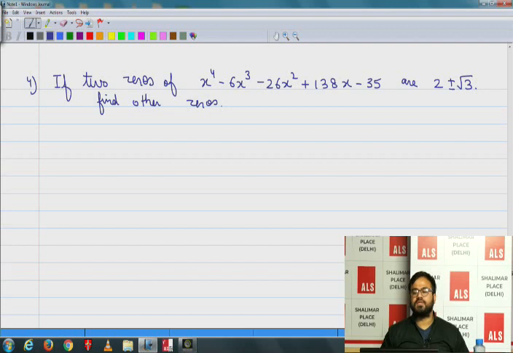If two zeros of this polynomial are 2 plus minus root 3, find the other zeros.